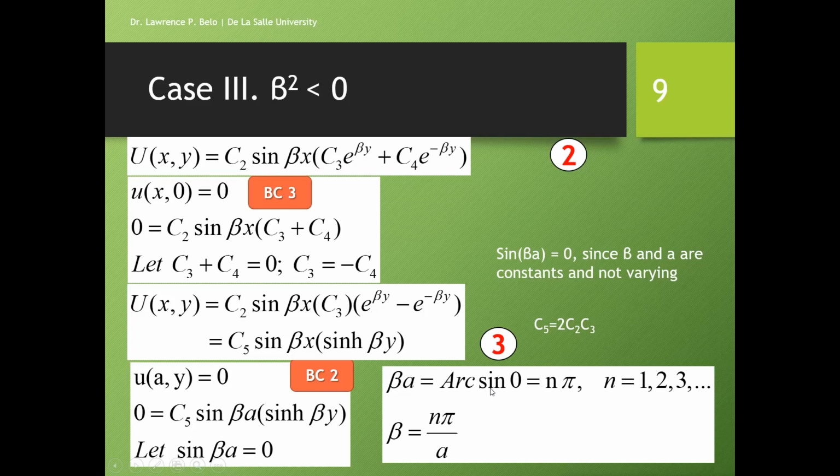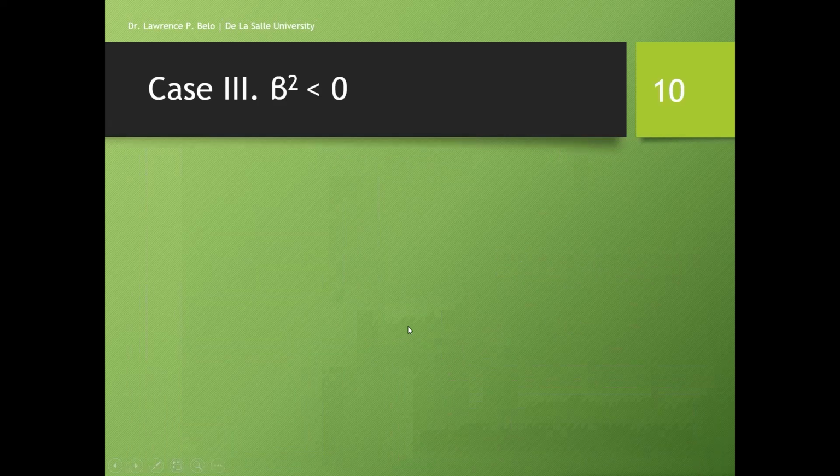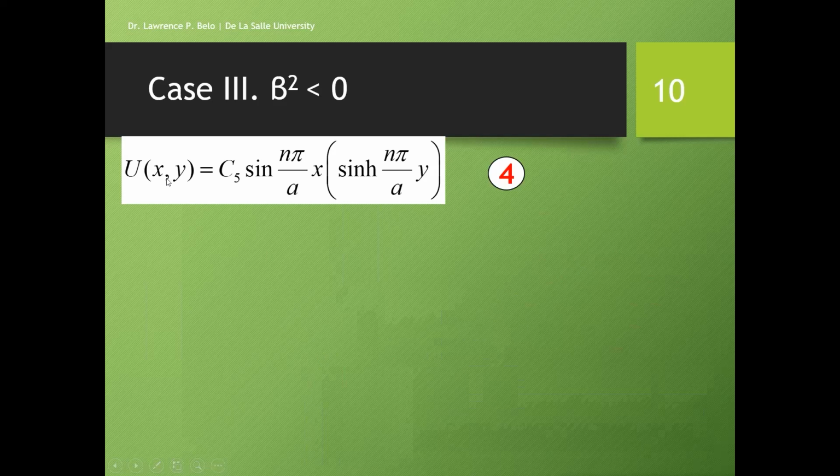Kasi tuwing kailan ba nagiging 0 yung sine? Di ba at any multiples of pi where n is equal to 1, 2, 3, and so on. So I can see here that beta is simply n pi all over a. This might be a bit long. So ito, yung beta natin, papalitan na lang natin.